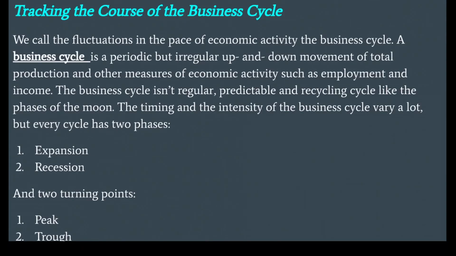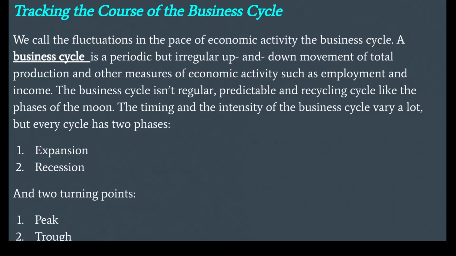Tracking the course of the business cycle is the second use of calculating GDP. We call the fluctuations in the pace of economic activity the business cycle. A business cycle is a periodic but irregular up and down movement of total production and other measures of economic activity such as employment and income.